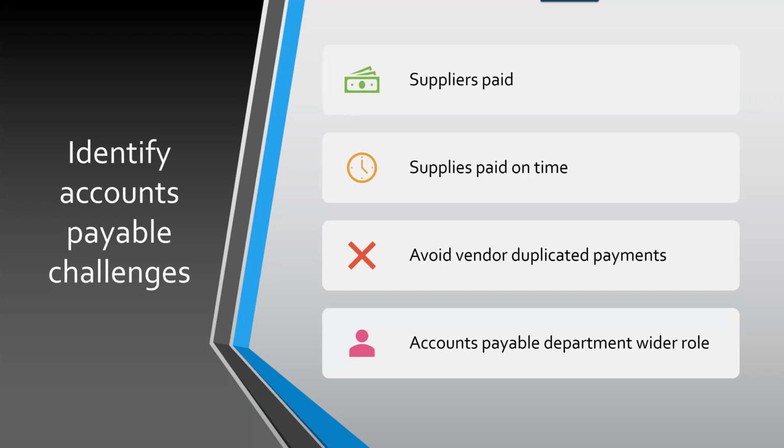So there's a few things that can be changed and tweaked in order to increase the efficiency. Suppliers paid on time. You know, I'm a big believer in helping clients with cash flow. And one of the first areas that we can help clients with their cash flow is just creating bills.